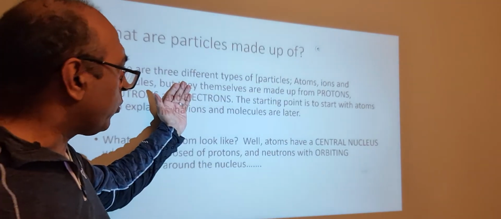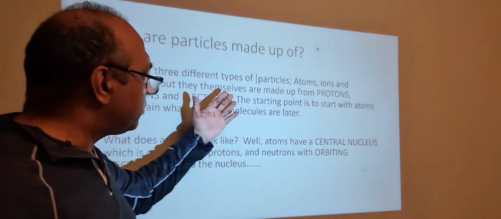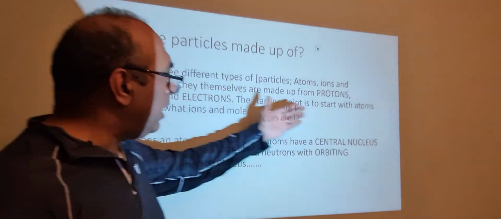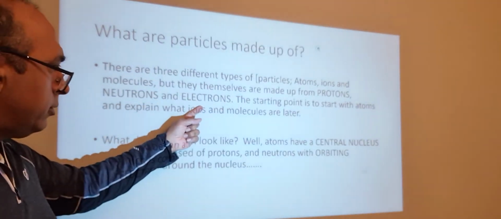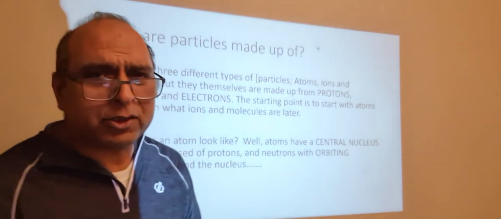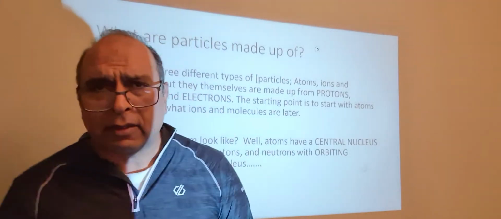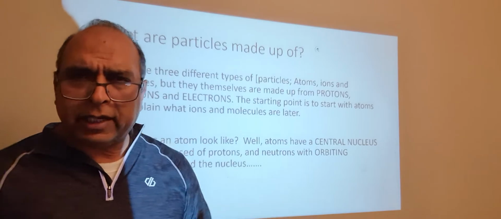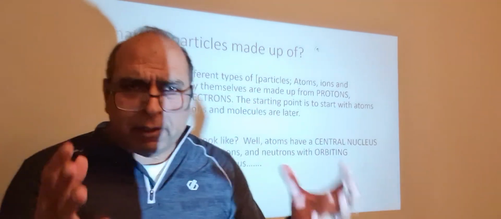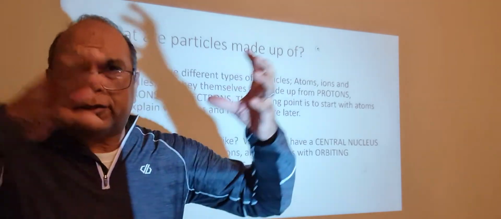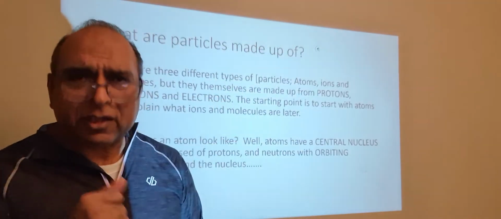But all of those atoms, ions, and molecules, they themselves will be made up of protons, neutrons, and electrons. Now, I know this might be too much to take in, but we've got to make a start. So there's lots of terminology here. You've slowly just got to get your mind around it. So everything is made of particles. The particles themselves are made of protons, neutrons, electrons. That simplifies it.